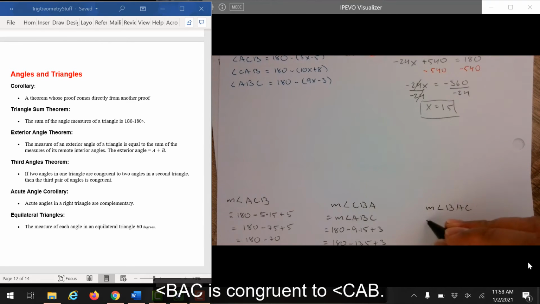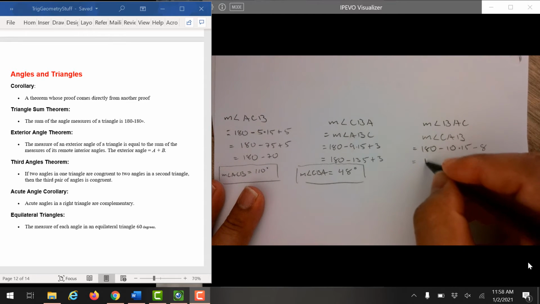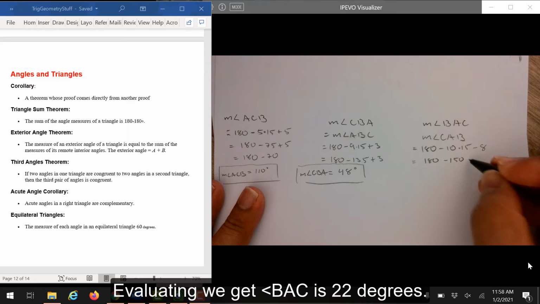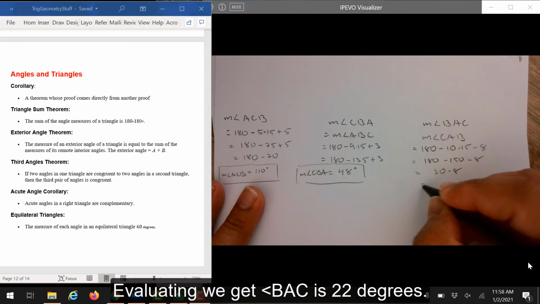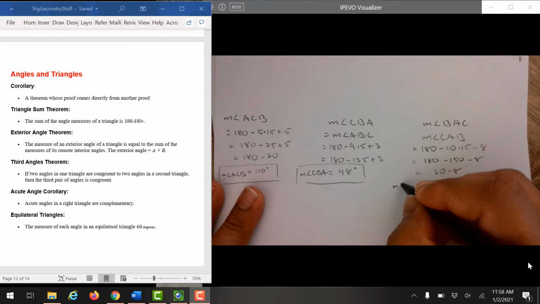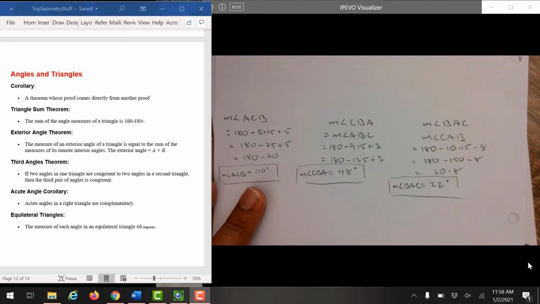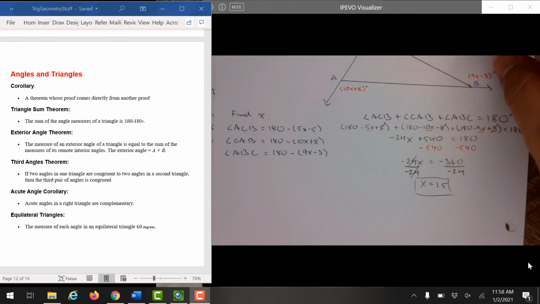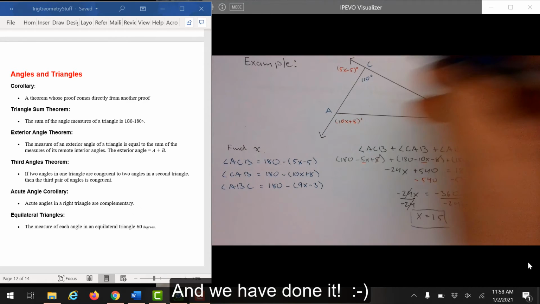Angle BAC is congruent to angle CAB. Evaluating, we get angle BAC is 22 degrees. And we have done it.